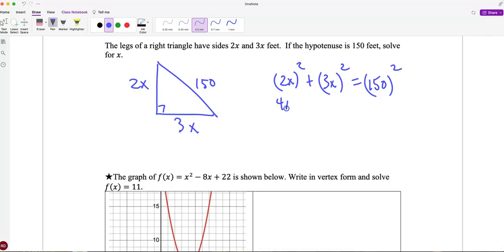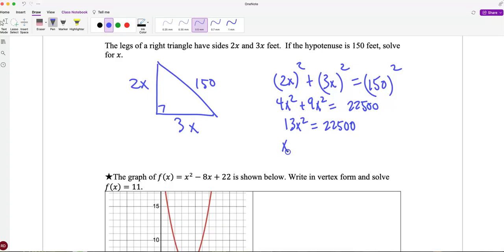This is 4x squared plus 9x squared equals, what is that, 22,500. So 13x squared equals 22,500.